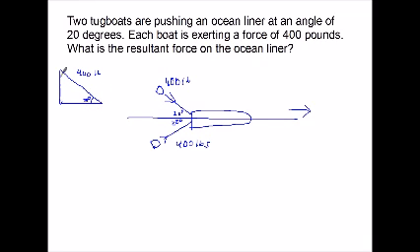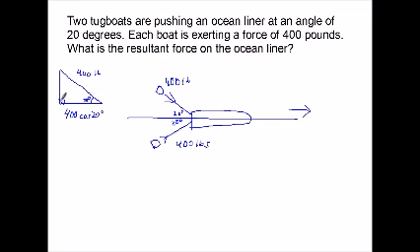So what is the component of this? Because remember, this is the right angle between the horizontal and the vertical. So if this is 400, how do I calculate this? A little trigonometry is in order. So the component along the x-axis would be in terms of the cosine. Cosine is the horizontal piece here. So this term here is going to be 400 times the cosine of 20 degrees.